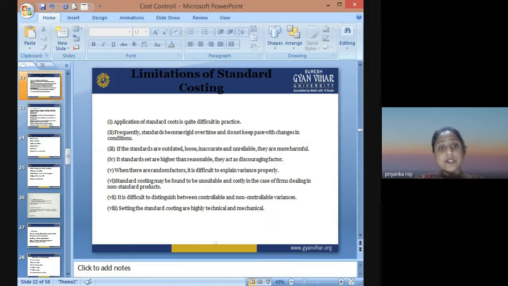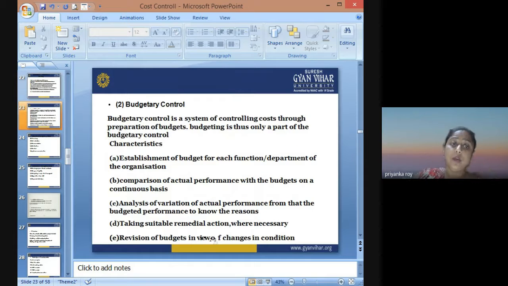Standard costing may be found to be unsuitable and costly in the case of firms with non-standard production. It is difficult to distinguish between controllable and non-controllable variances. Setting the standard costs is a highly technical and mechanical process.